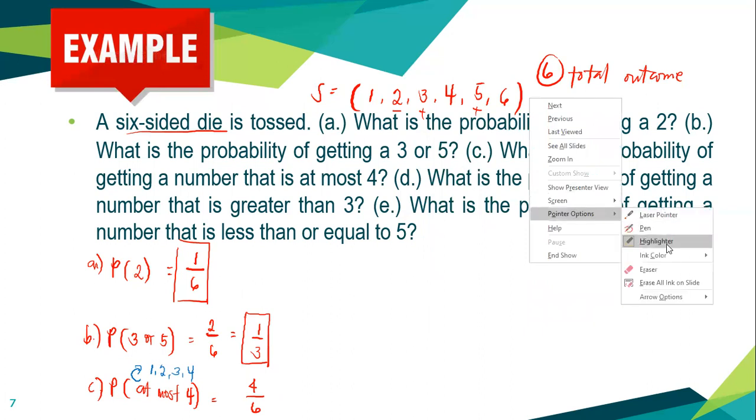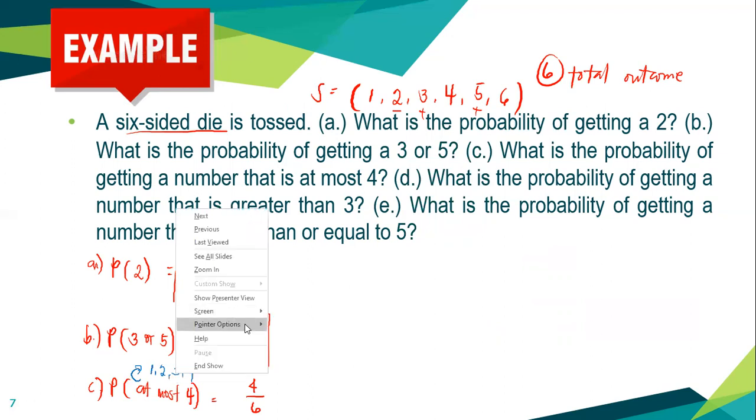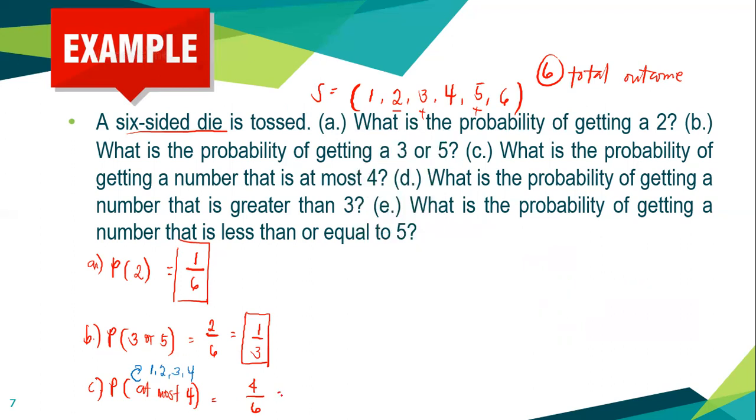Then, balik tayo dun sa sinasagutan natin. Ay, wait. It still has its lowest form. Ayan, naka-highlight tayo. Four over 6, meron pa tong lowest form which is 2/3.